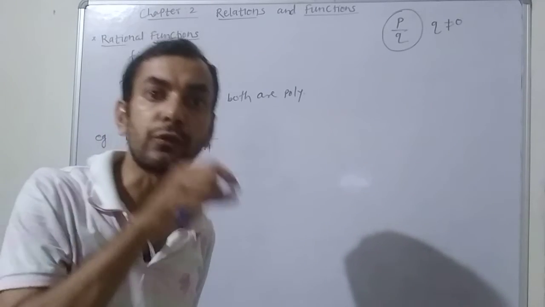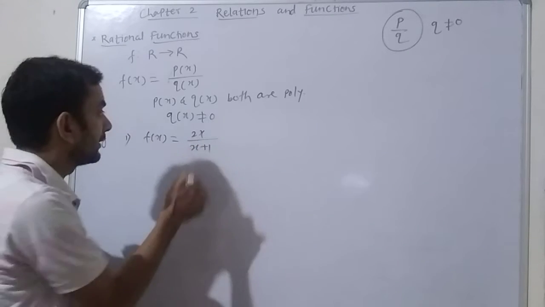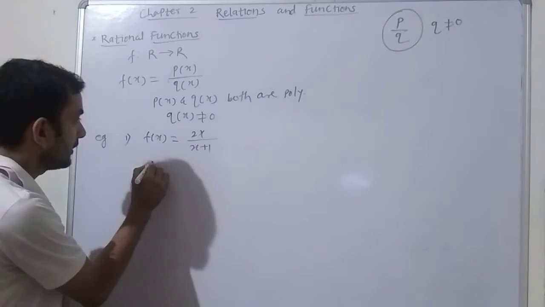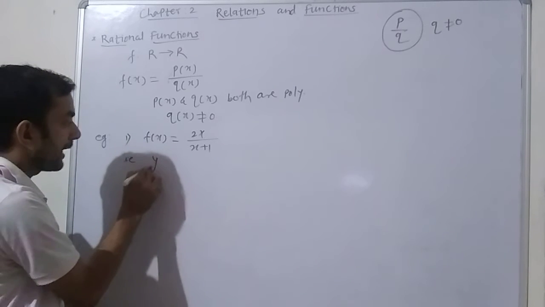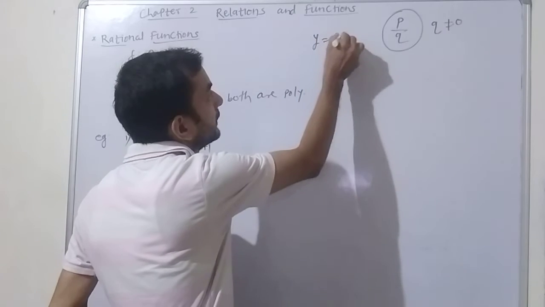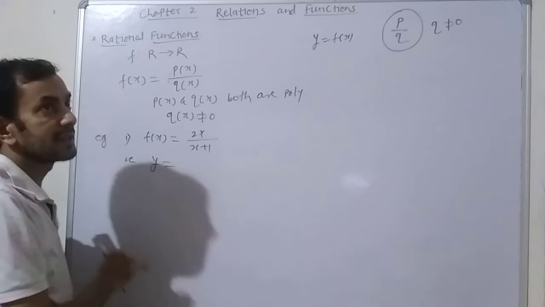If I have to find out the domain, that means the input of that particular function, we take those points where the denominator is not equal to 0. Here f of x can be written as y equal to f of x, y is the function of x. This f of x को replace किया किससे हमने y से.